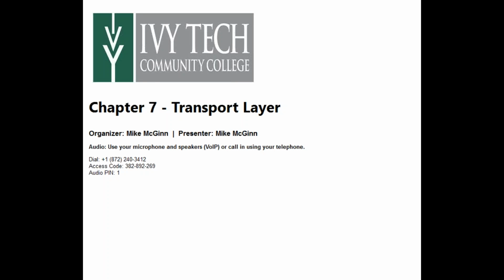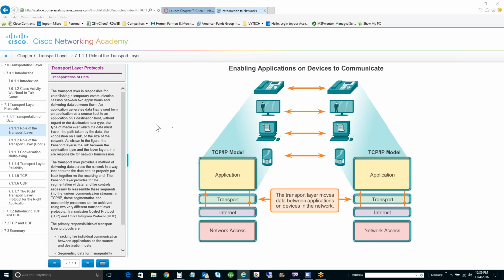Today we're going to talk about Chapter 7, the transport layer. Thus far, we have discussed the lower three layers of the OSI model, or in this case, they're showing the TCP/IP model.